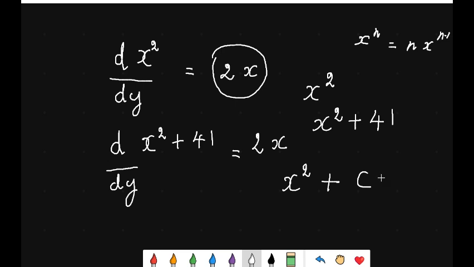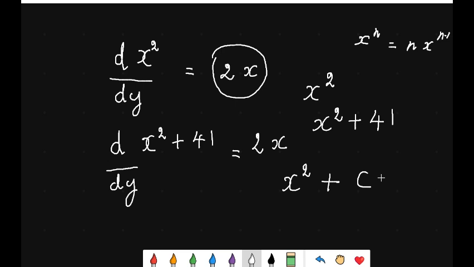c, okay? So the process of, I have the derivative, I have the answer, and I want to go back to, hey, find the original function. That process is called anti-differentiation.